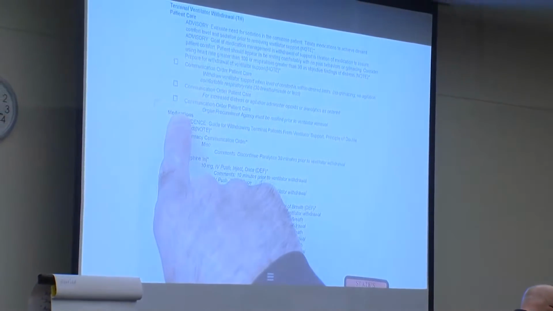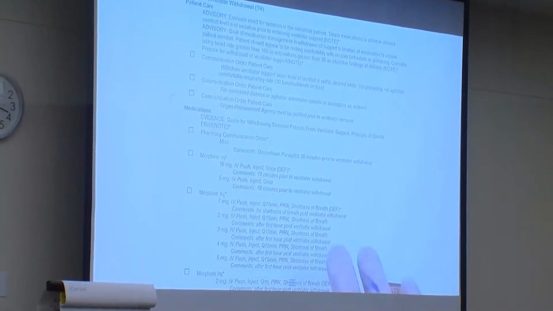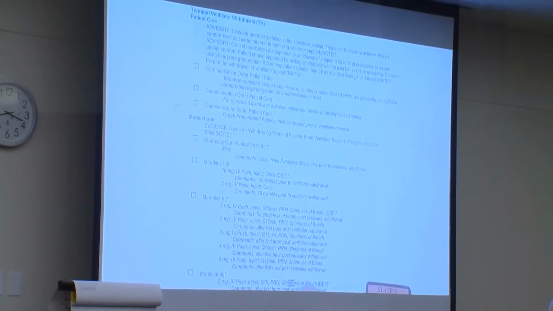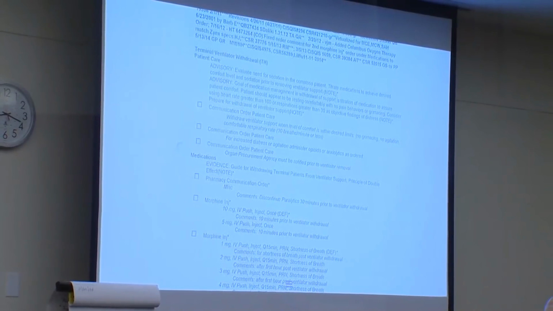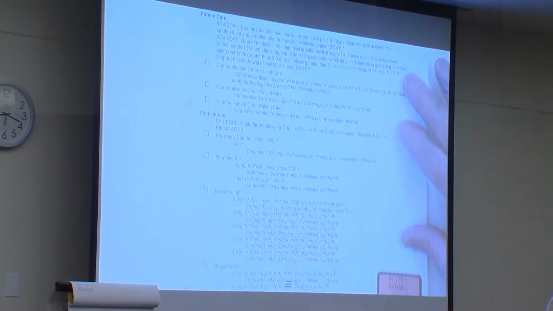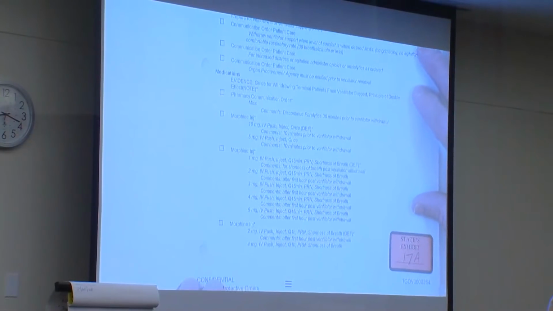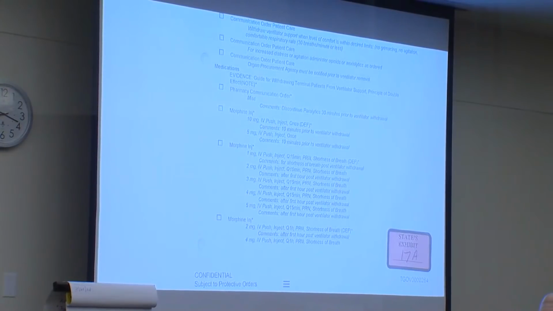Referring to medications, what is the range of medications that is on this order set? The first morphine order there, the 10 to 5 dose, one's 10 milligrams or one's 5 milligrams.